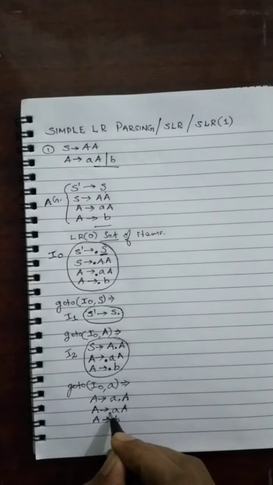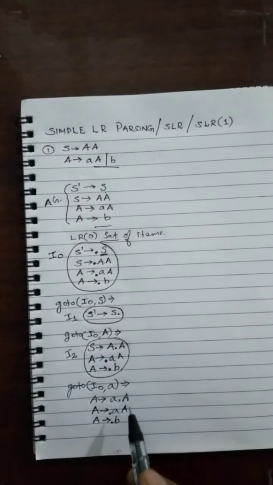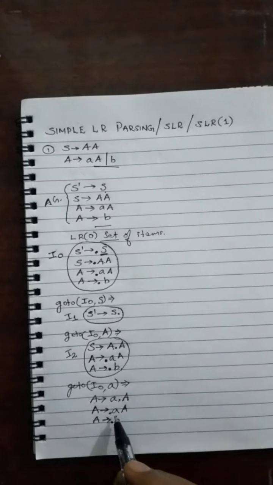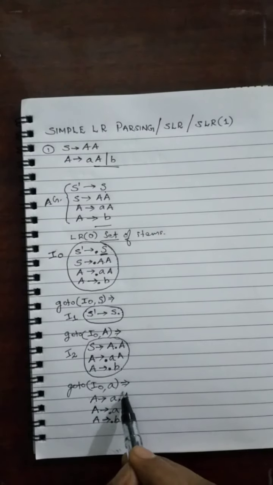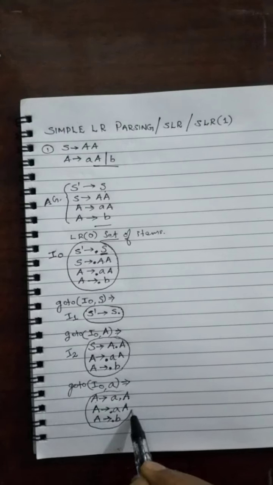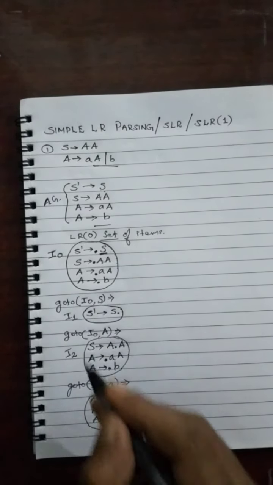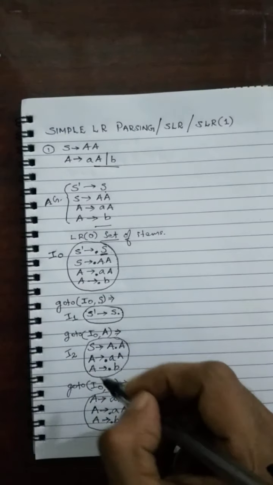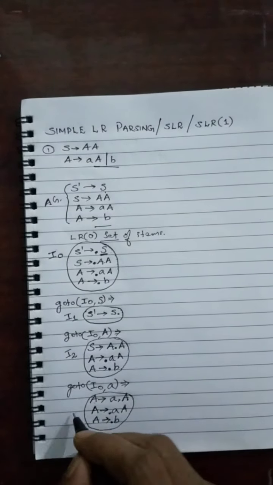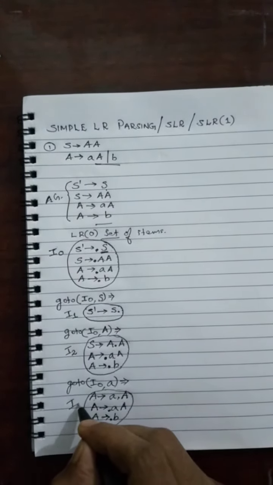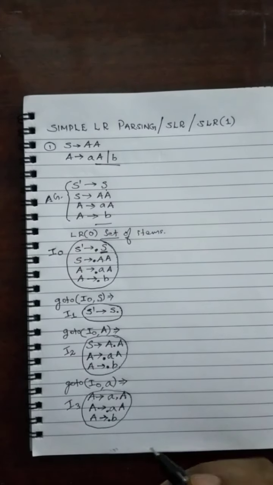In order to make it a set of items, I have added the dot to these productions. Again, see whether the symbol to the right of the dot is a non-terminal. No, these are terminal symbols, so I need not add any further productions. Since this is also different from the others, I name it I3.